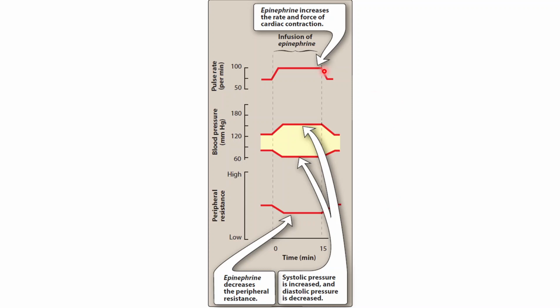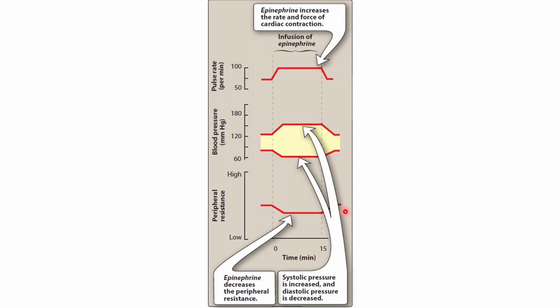It increases the heart rate and force of the contraction of the heart. It also increases the systolic blood pressure and decreases the diastolic blood pressure. It also decreases the peripheral resistance.